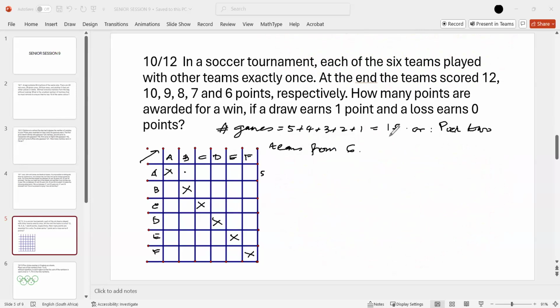If I want to identify a game, all I have to identify is who are the 2 teams playing in that game. So each time I pick 2, that's a game. So the number of games is equal to the number of ways you can pick 2 teams from 6 teams. It's the same number. Each time you pick 2, you get a game, and every time you have a game, you have exactly 2.